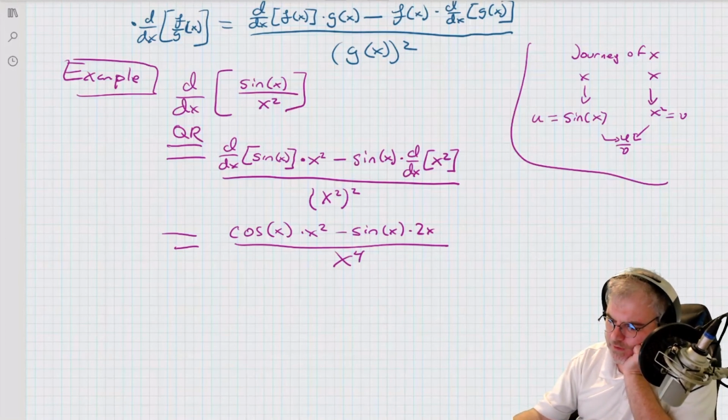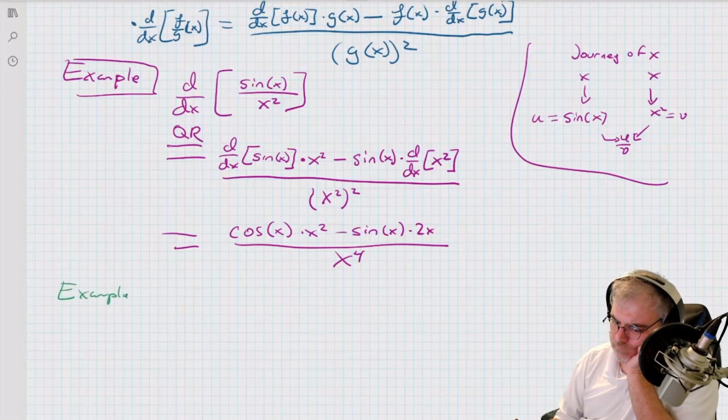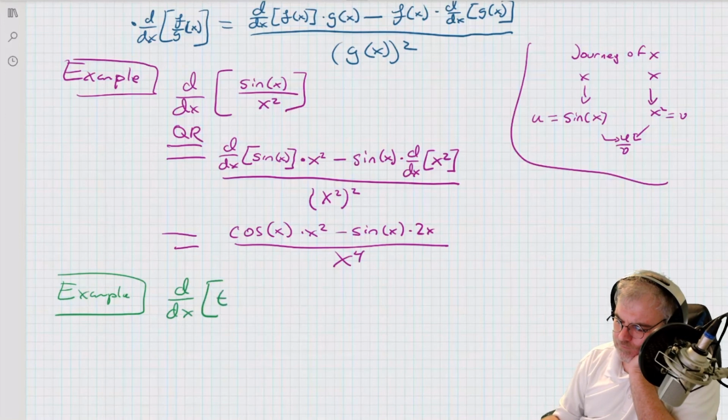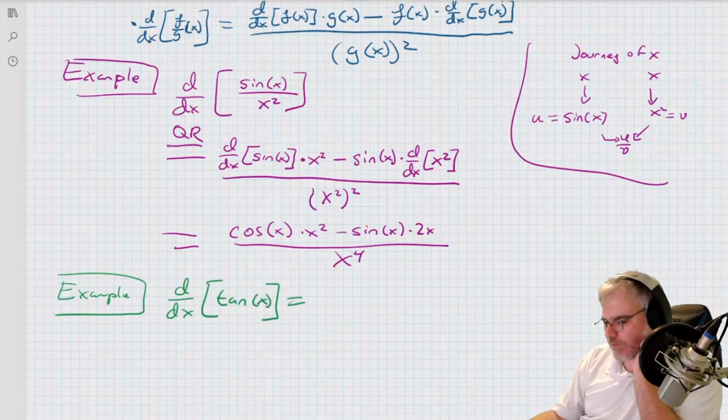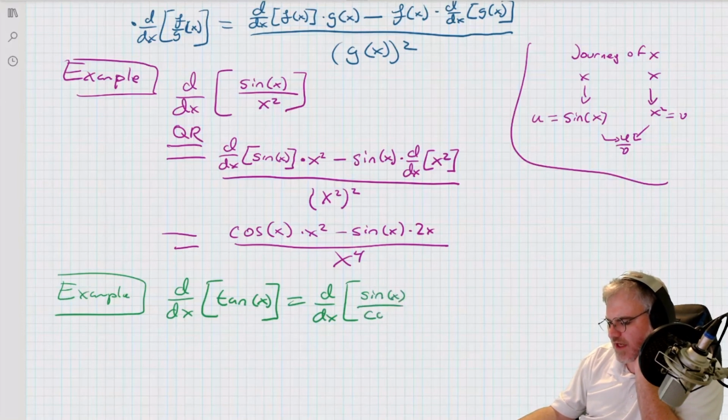Let's do one more example. Let's do the derivative of tangent. Well, recall that tangent of x is equal to sine of x over cosine of x.